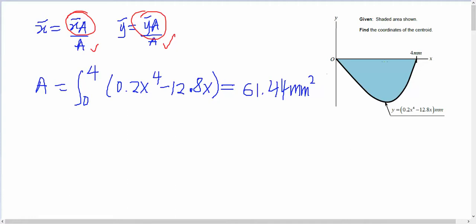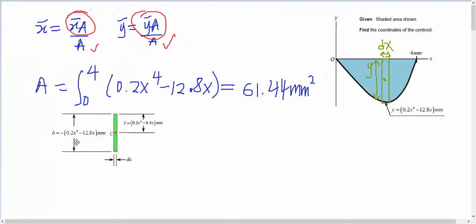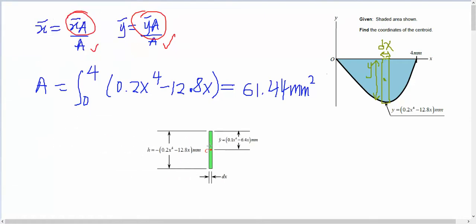So right over here we can draw a rectangle where this deviation here is dx, which means a small change in x, and then this is the height y. Well, if you're looking for the centroid, it will be at the center of the rectangle, so that would just be half of the height.